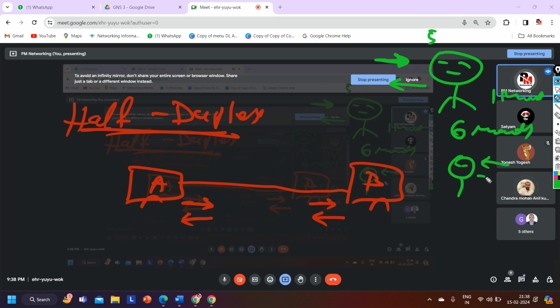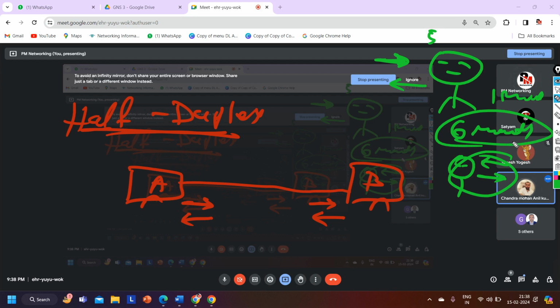At the same time he can listen as well as reply, correct? So after 6 years, the baby is acting as a full duplex. After 6 months, the baby is acting as a half duplex, and a newborn baby is acting as what? Simplex. In the same way, this computer has the capability to receive as well as send the data, but not at the same instant of time.